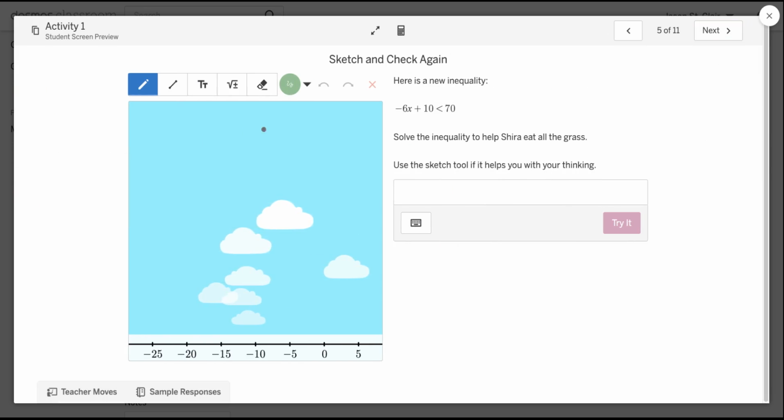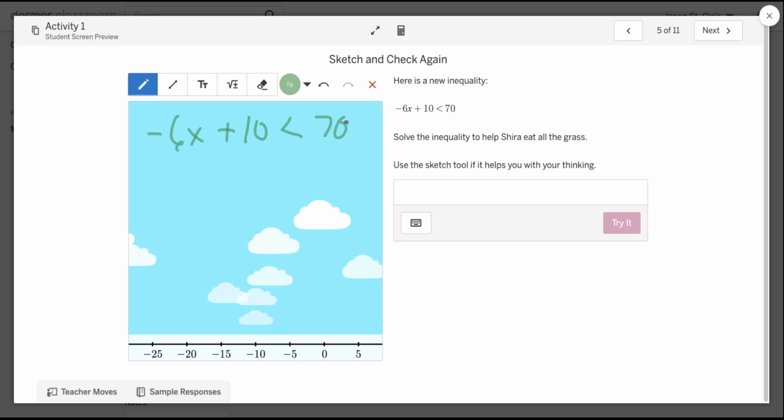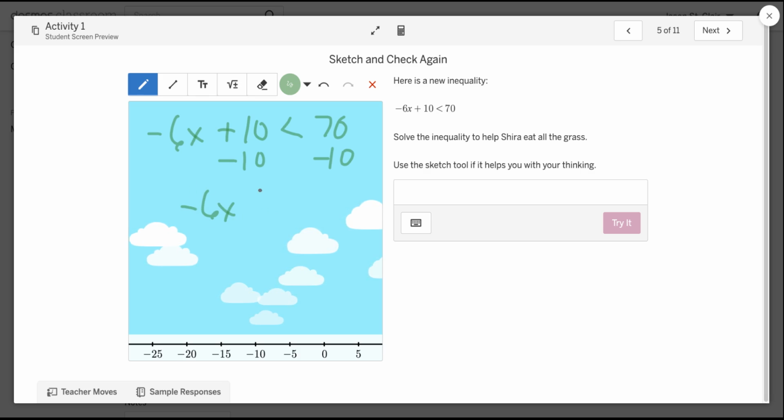Next slide. We can see that there's a negative in here. This is a negative. We're going to have to, at some point, flip the inequality. Until then, though, we're going to solve and see what the inequality is that will work for this answer. So I'm going to subtract 10 from both sides. Gives us negative 6x is less than 60. Divide by negative 6.